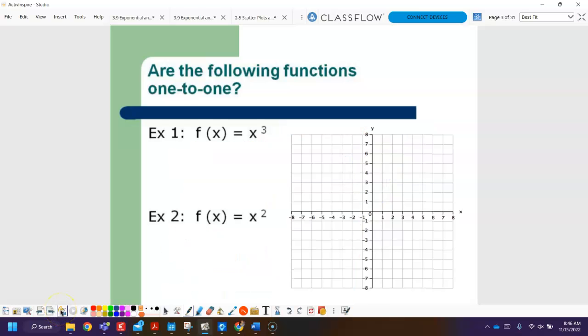So are the following functions one-to-one, yes or no? Go ahead and give me a rough sketch of x cubed and a rough sketch of x squared. Again, x cubed has (0, 0), (1, 1), (2, 8), and (-1, -1) and (-2, -8).